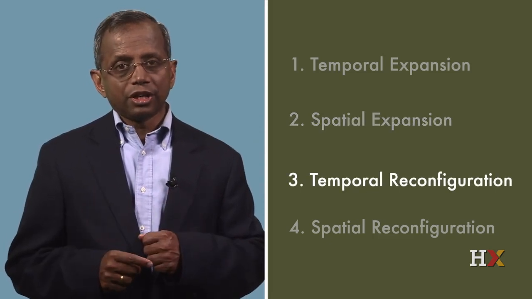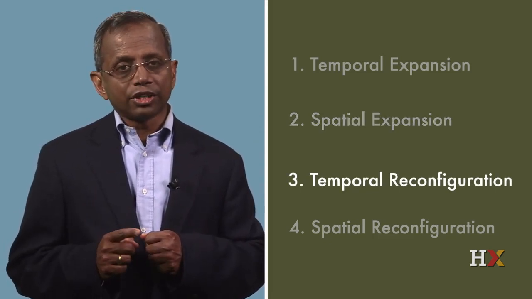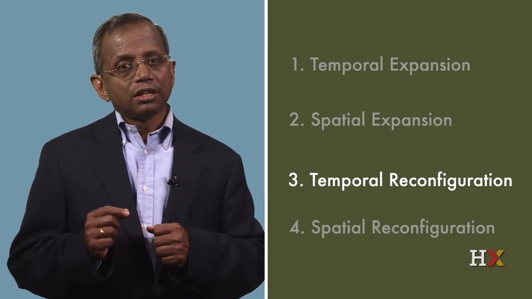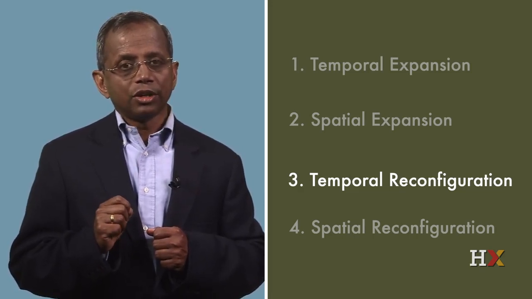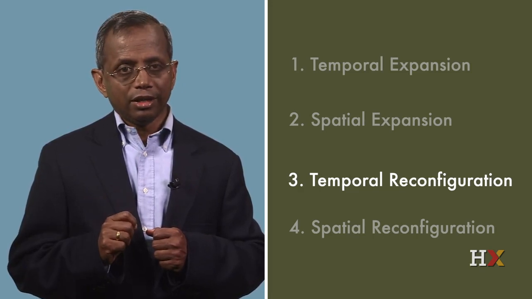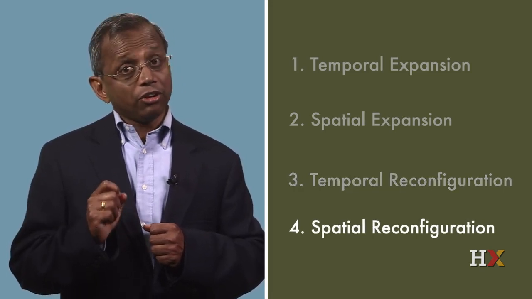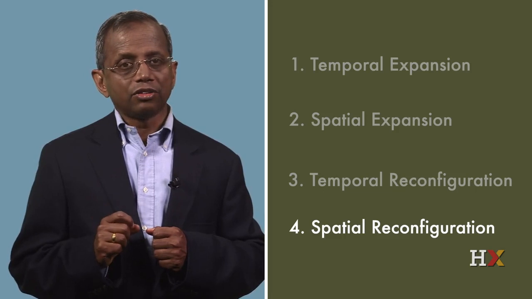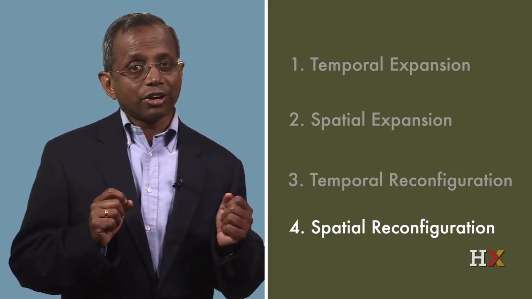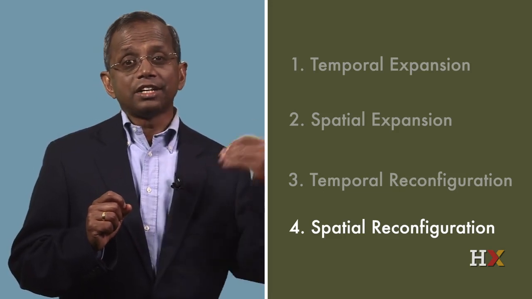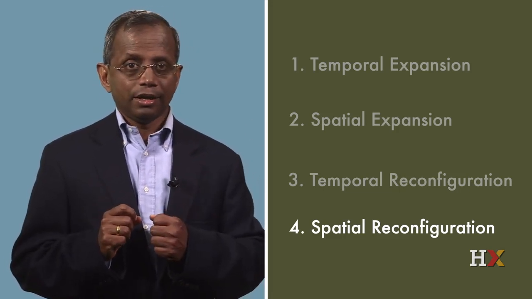Temporal reconfiguration is about finding new innovations, new opportunities that change the very structure and control of activities within the primary activity chain. And spatial reconfiguration, the last linkage, is about new innovation that changes the structure and control of activities in an adjacent activity chain.